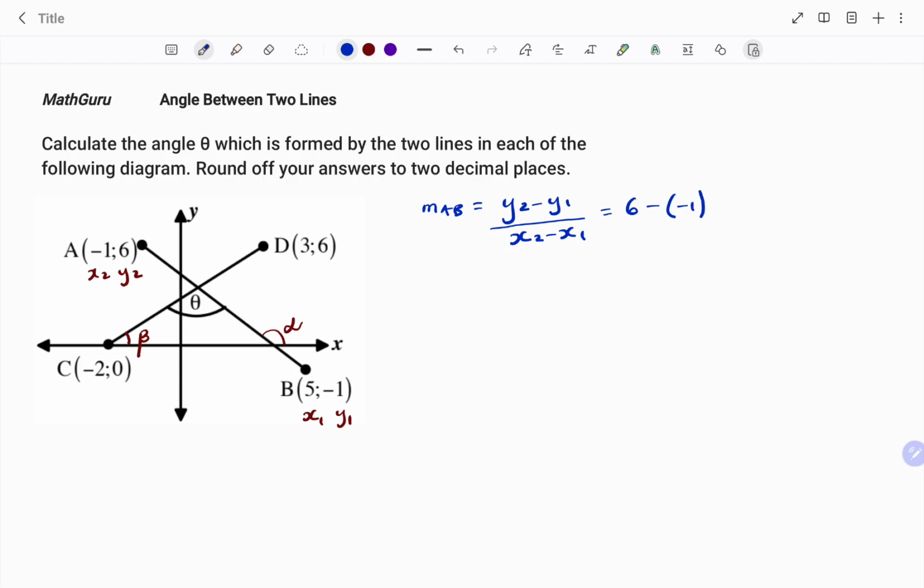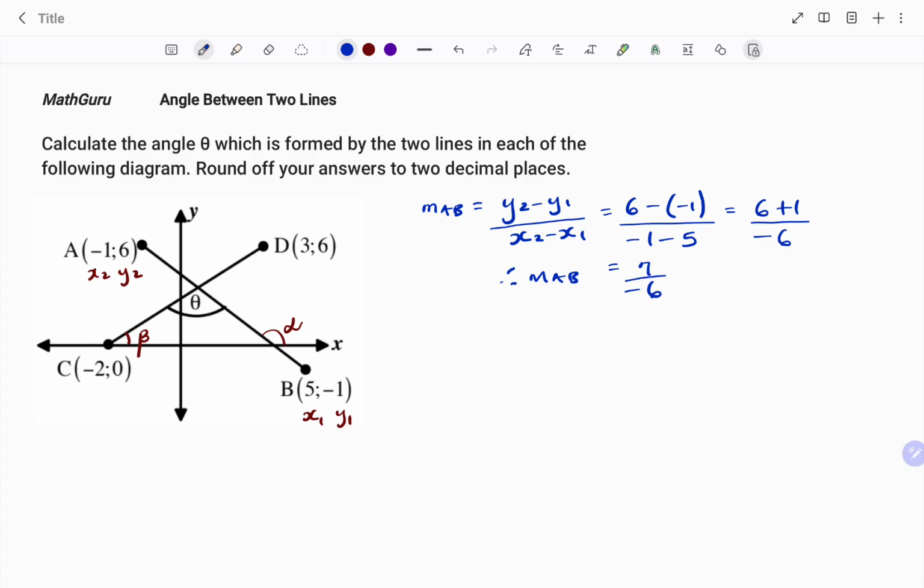I'm going to put that in a bracket as shown, and then divided by my x2, -1, minus my x1, which is 5. So that's equal to 6 plus 1 divided by -1 minus 5, which is -6. Therefore, m_AB, or the gradient of AB, as shown, equals 7 over -6.